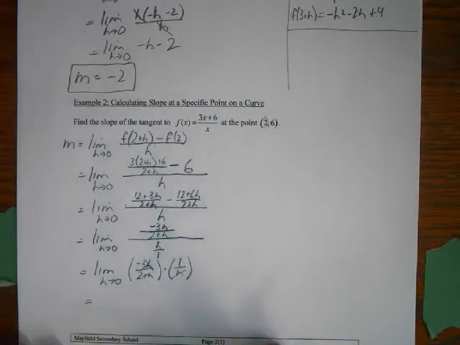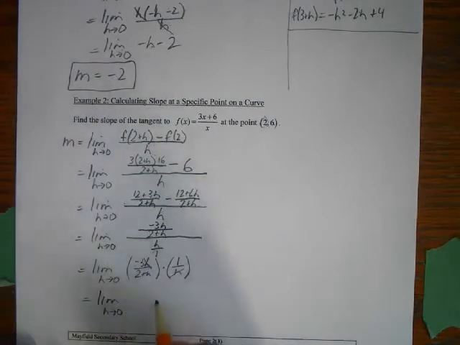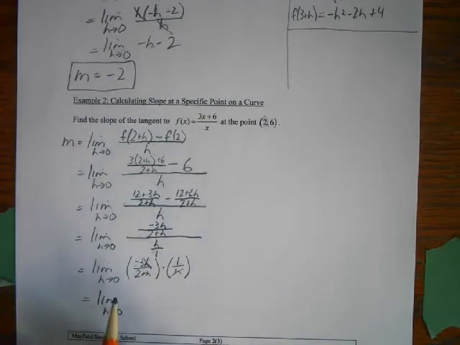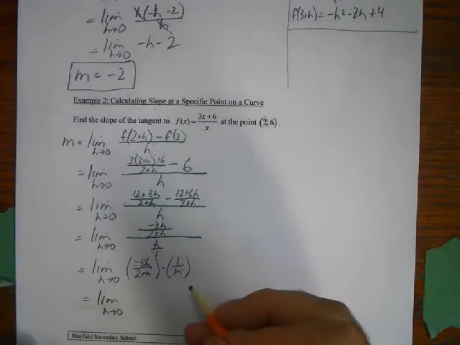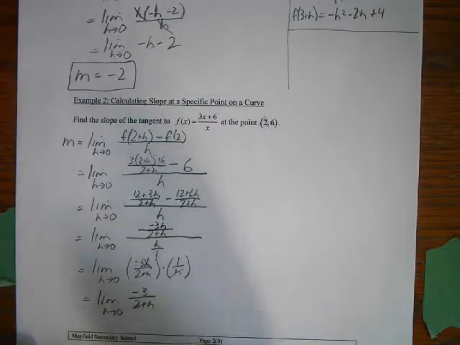So we have the limit as h approaches 0. What we have left is a negative 3 on the top and a 2 plus h on the bottom. Sorry, yeah, negative 3 over 2 plus h. And although we didn't totally get rid of the h on the bottom here, we did change it so that it's h plus 2 or 2 plus h, so that when we plug in the 0 at this point, the denominator is not 0, so we don't have to divide by 0.